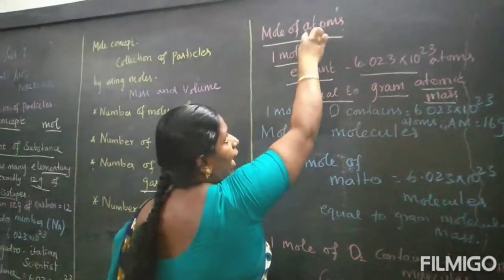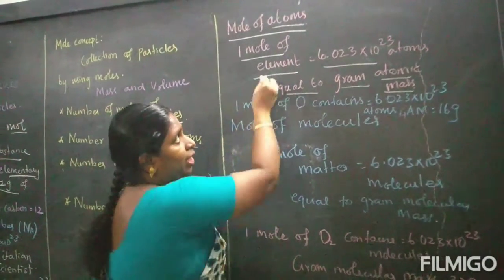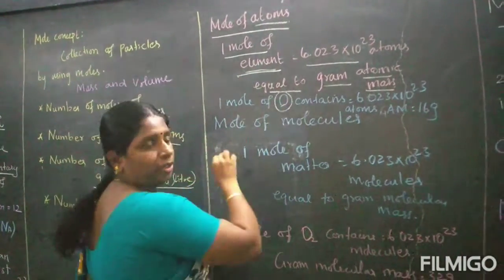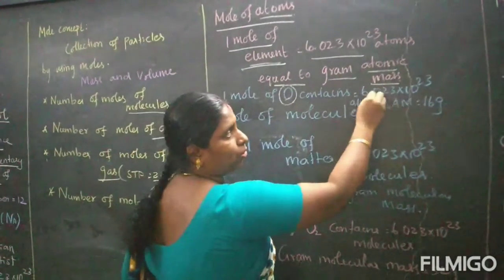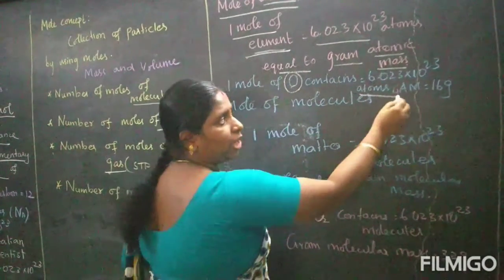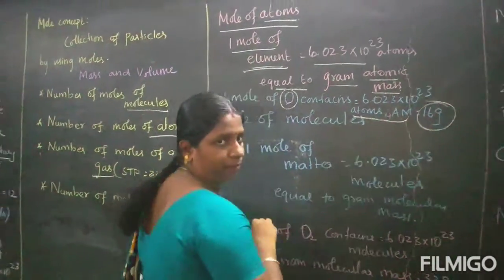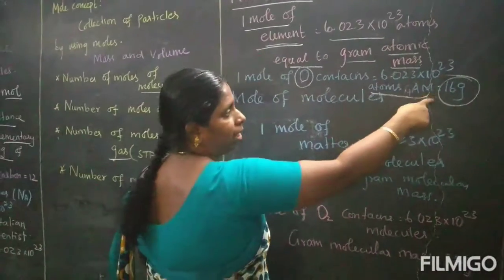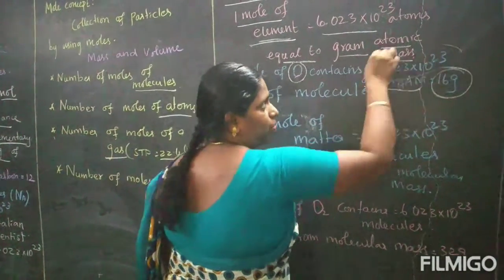If you take any element like oxygen, what does 1 mole of oxygen contain? 6.023 into 10 to the power 23 atoms. The value of gram atomic mass is equal to 16 gram. This has to be calculated from this Avogadro number.